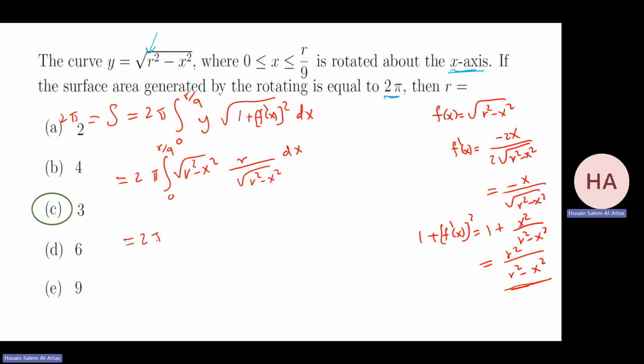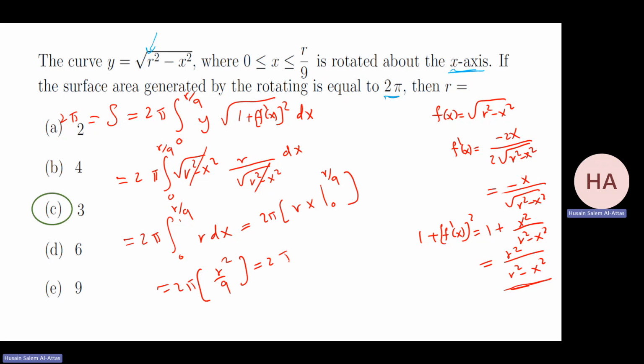So that will be 2 pi integral from 0 to r over 9, this is cancelled, of r dx, which is 2 pi rx from 0 to r over 9. That will be 2 pi, what is this? R squared over 9 minus 0. And that is equal to 2 pi. So r squared over 9 is equal to 1. So r squared equals 9. So r, which is greater than 0, should be 3. I will not take minus 3. R should be 3.